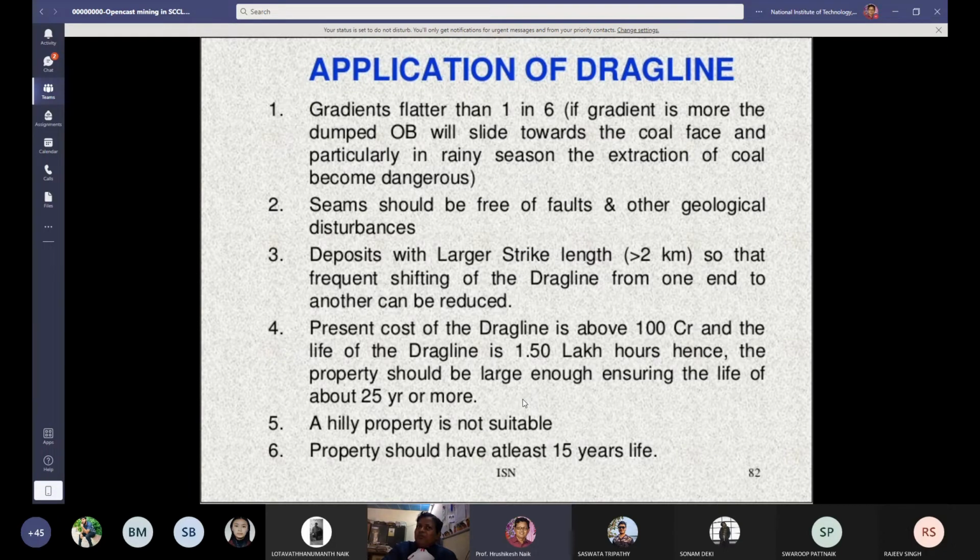So if the deposit is very extensive, very big, and it will last for 25 years, then only you can go for dragline mining. And if the deposit is situated at the hilltop, this method of mining is not suitable. Dragline method cannot be used for hilltop deposits.